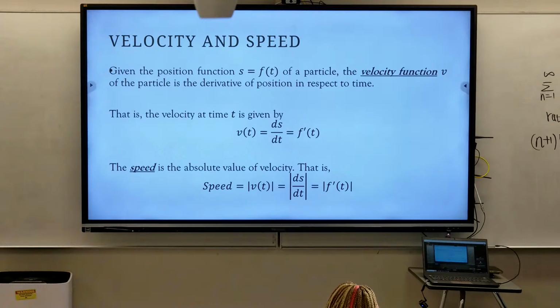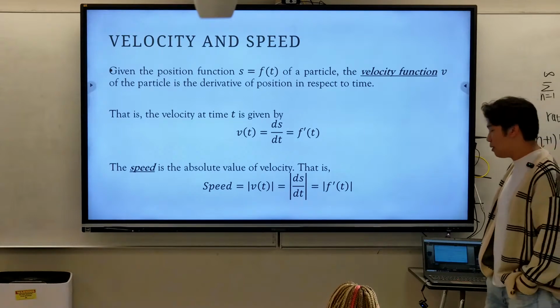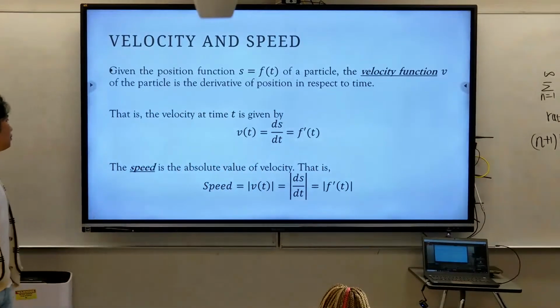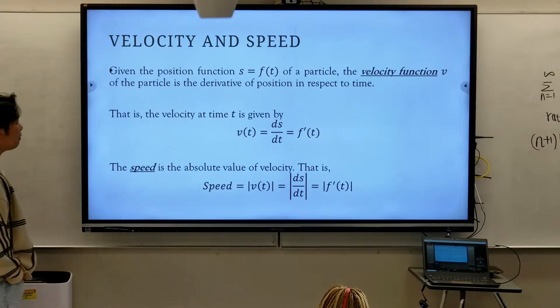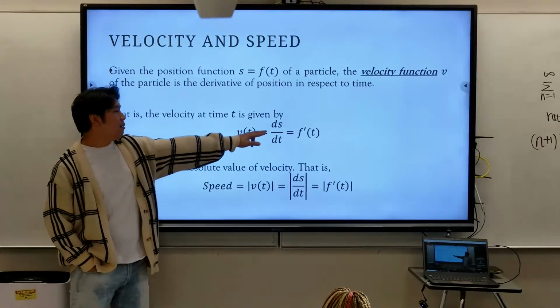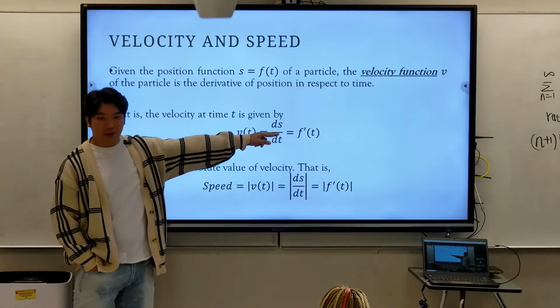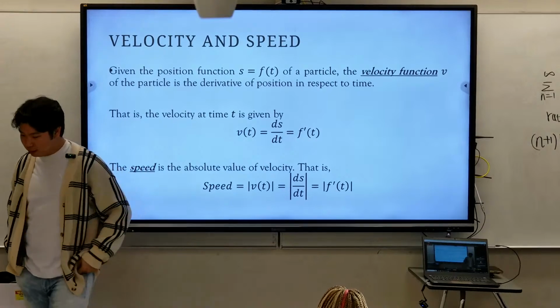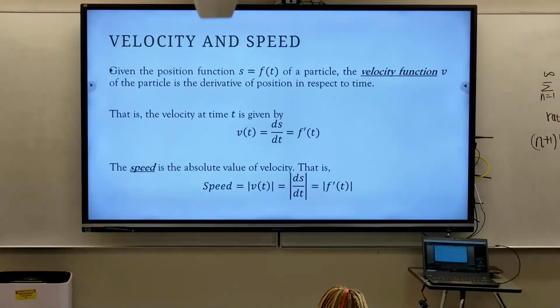Well, it's a derivative of position, the position function, to be exact. In other words, if I want my velocity function v of t, this is the derivative of position. Or if position is given by f of t, it's f prime. Again, to get velocity, you take the derivative of position.